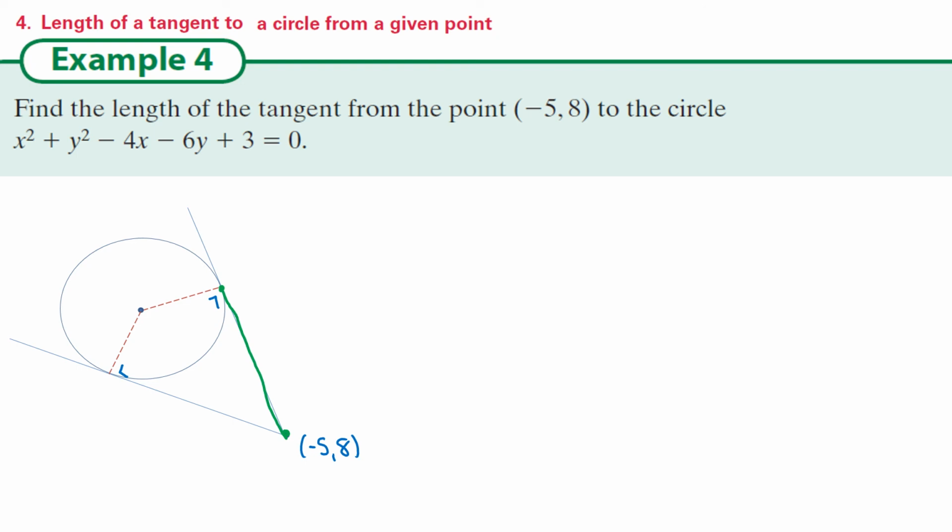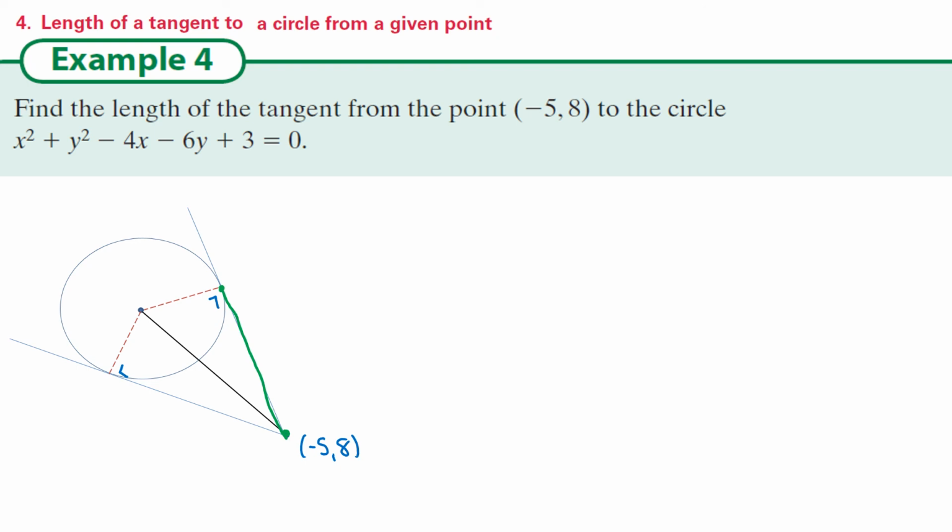Now, we've already worked with getting the equation. You get the equation and then do some fancy stuff, but there's a much easier method, and it comes from the fact that we have our right angle here. To do this method, you need to connect the center with minus 5, 8, and effectively what we make is a right angle triangle. We have a right angle triangle where we actually know a lot of that information.